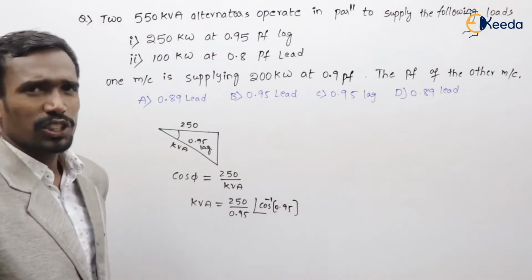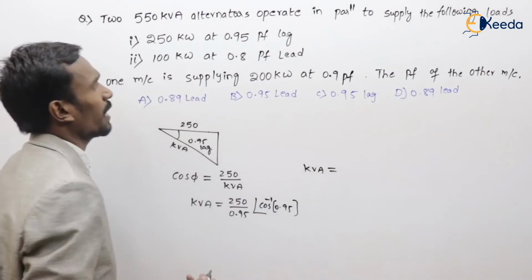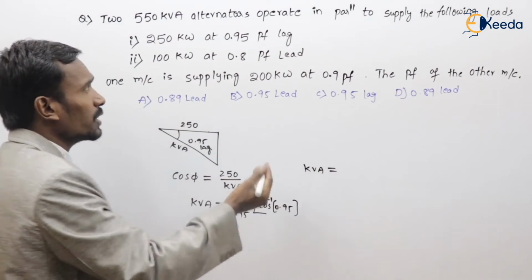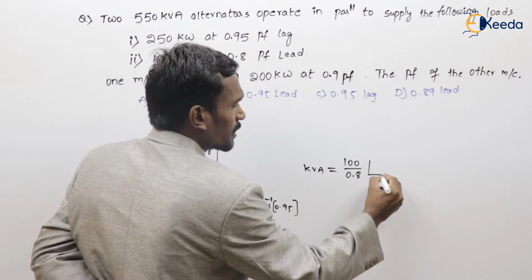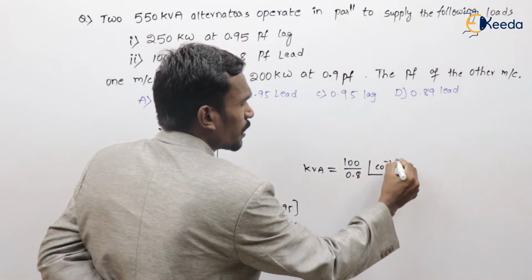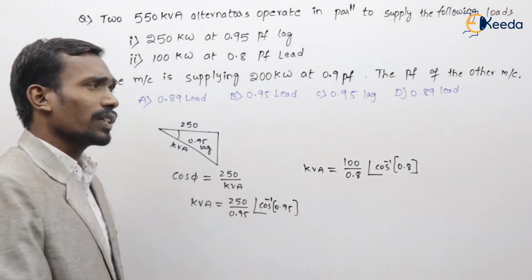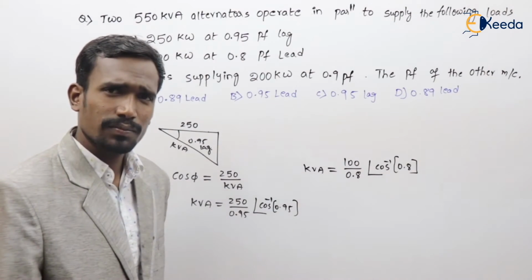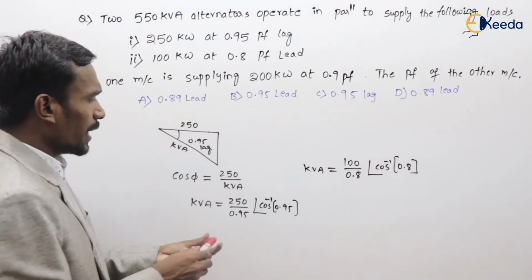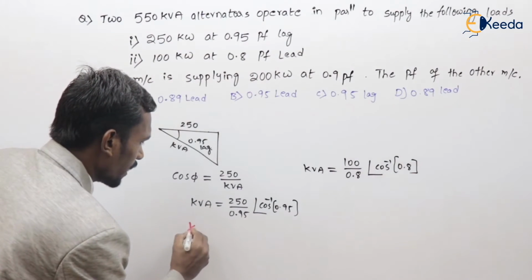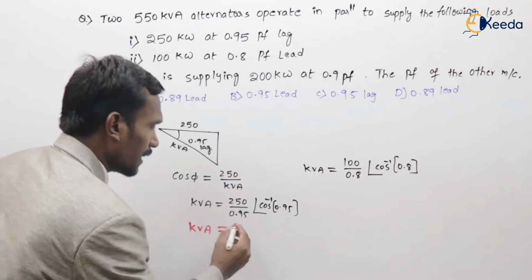Similarly, for the second machine, kVA is equal to, tell me, what is it for the second machine? 100 divided by 0.8 at an angle of cos inverse of 0.8. If we calculate these two, then we can get this kVA.